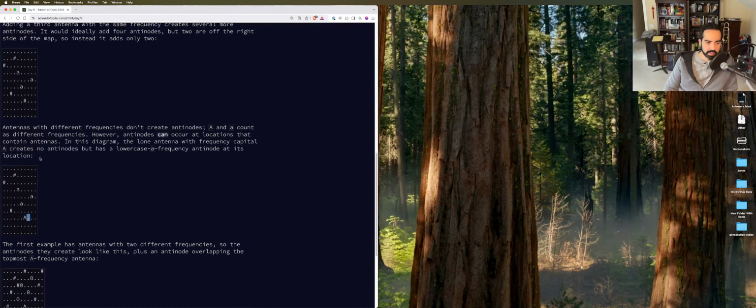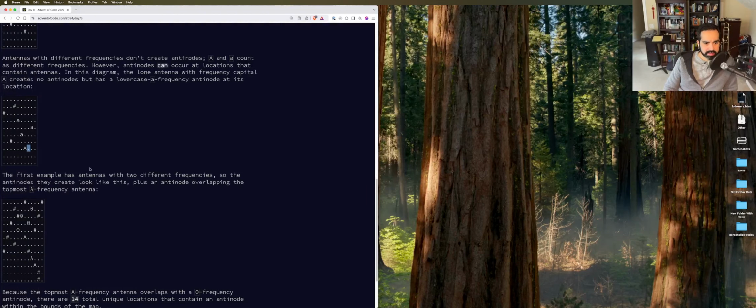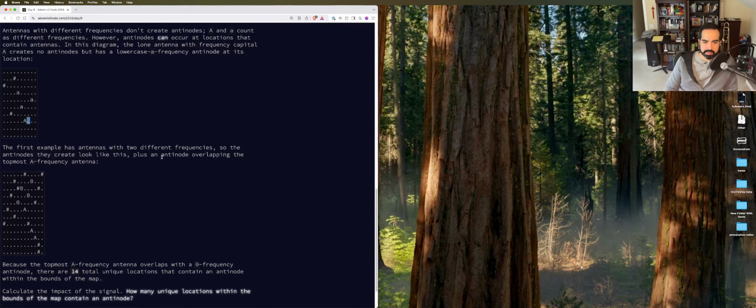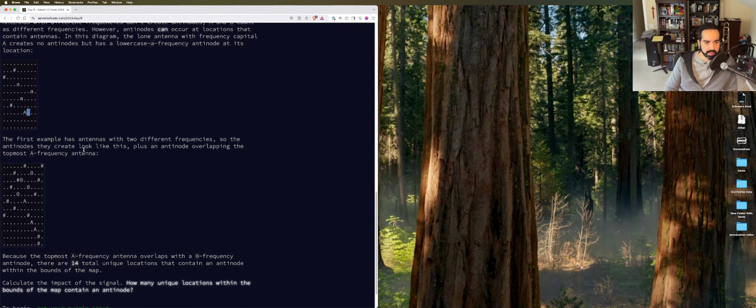Yep, okay. The first example has antennas with two different frequencies, so the antinodes they create look like this, plus an antinode overlapping the topmost A frequency antenna. Okay, so this one has an antinode on it, but then you have this and this with those antinodes.